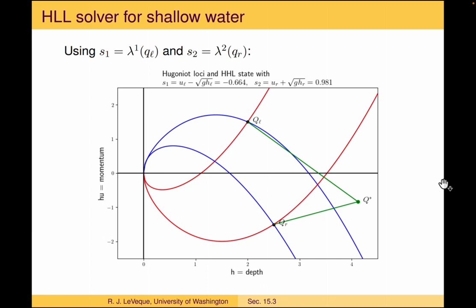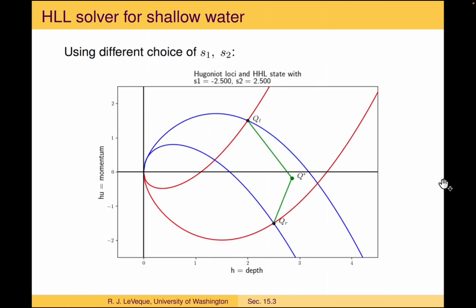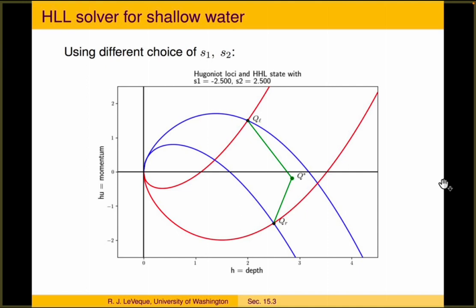So we might say, instead of evaluating those characteristic values or eigenvalues right at these two states, suppose we just have some upper and lower bounds on S1 and S2 over the entire, or over some portion of the phase plane. Maybe, for example, we assume that lambda 1 is always greater than or equal to minus 2.5, and lambda 2 is less than or equal to plus 2.5. So those are the values I've used here. And with the same QL and QR as before, we now get a Q star state that lies a little to the left of the correct point rather than being off to the right of the correct point.